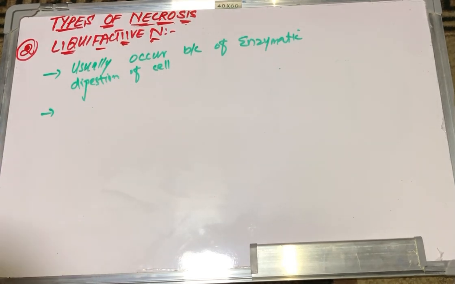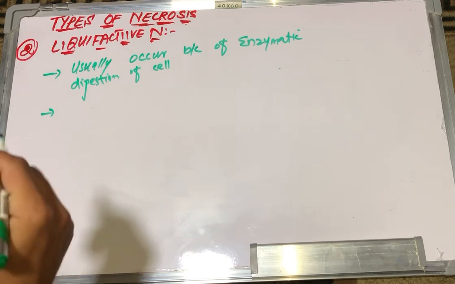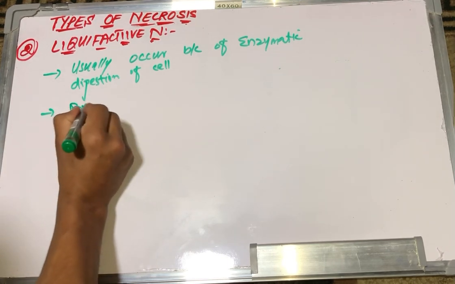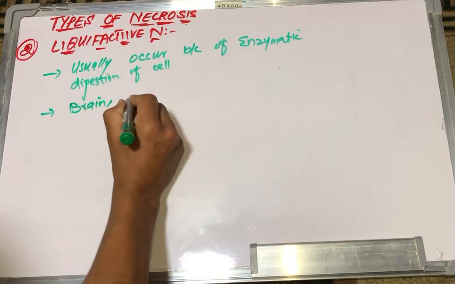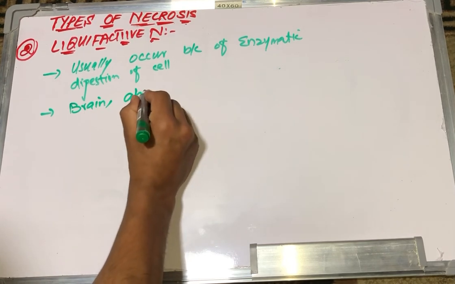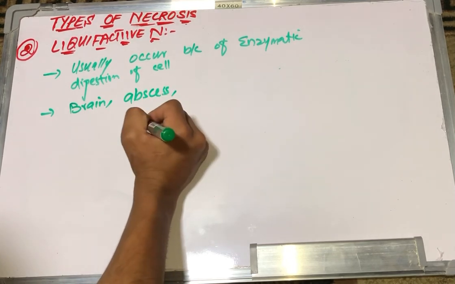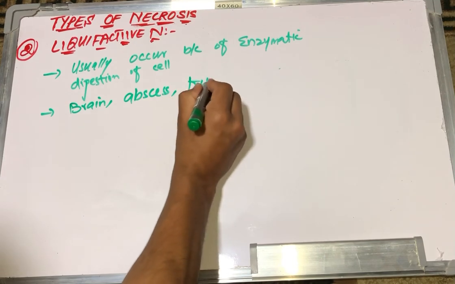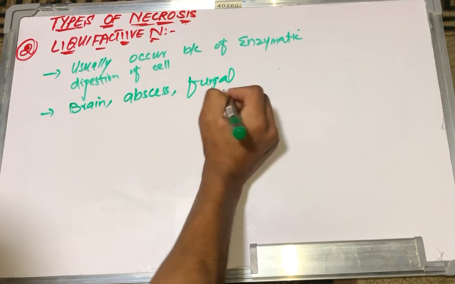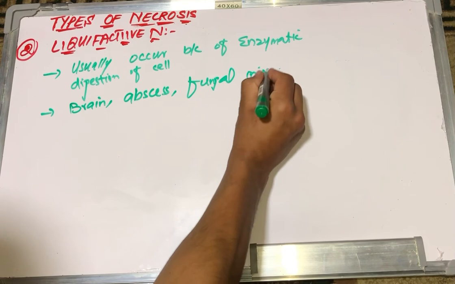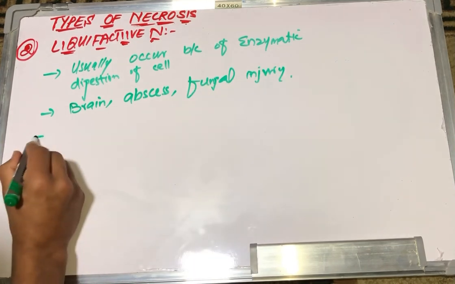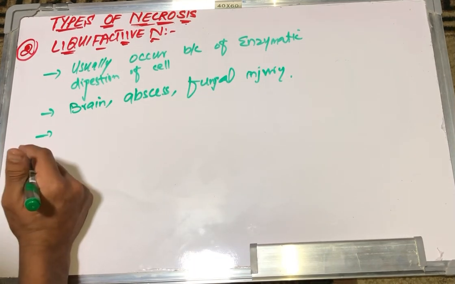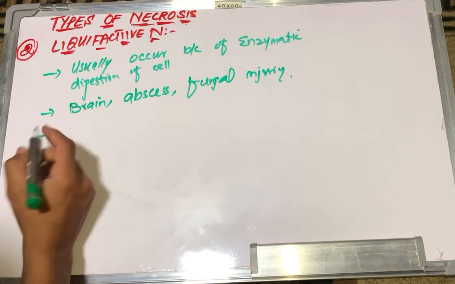Usually liquefactive necrosis occurs in the brain, in abscesses, and in fungal injury.